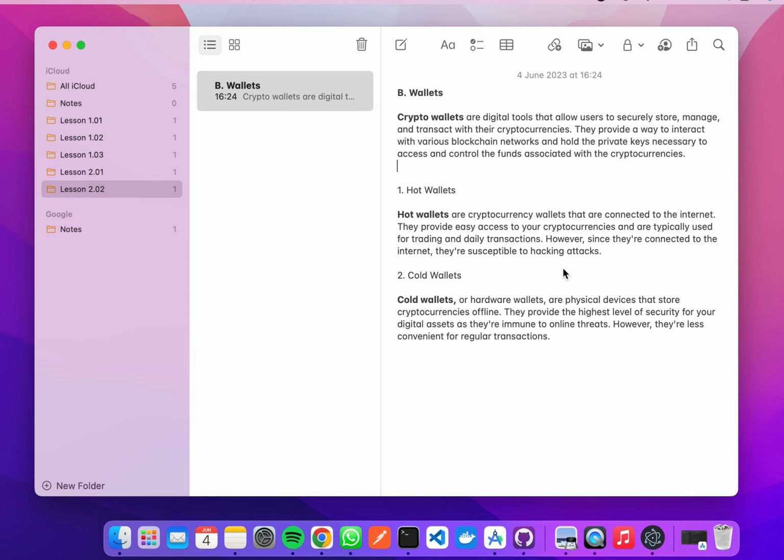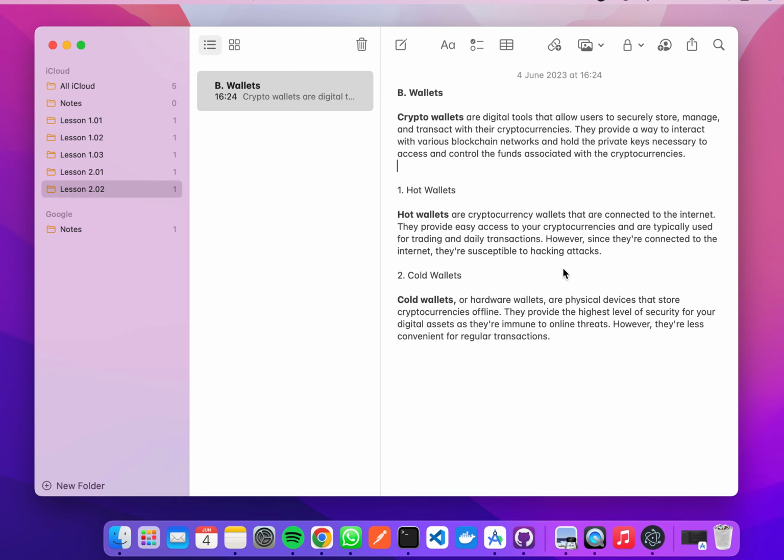So what are crypto wallets? Crypto wallets are digital tools that allow users to securely store, manage, and transact with their cryptocurrencies. As mentioned in the previous lesson, wallets are basically where you store your cryptocurrencies.